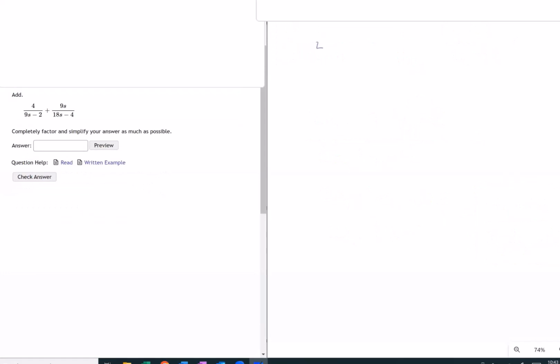Here we have 4 divided by 9s minus 2 plus 9s. And here, let's factor out a 2, because that leaves me 9s minus 2. Notice this is the same as this.